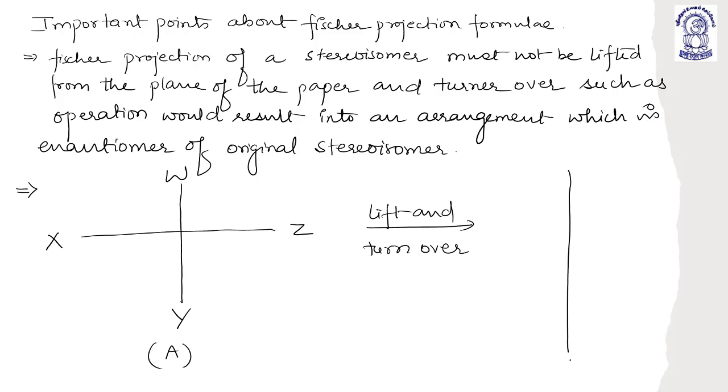You will lift and turn over. It will be X, Z, W, Y. So this is the enantiomer of A. Okay.